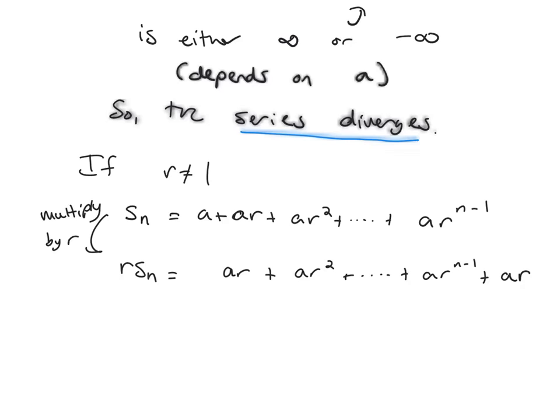So I now have two equations. What I'm going to do is take equation 1, the top one, and subtract equation 2.